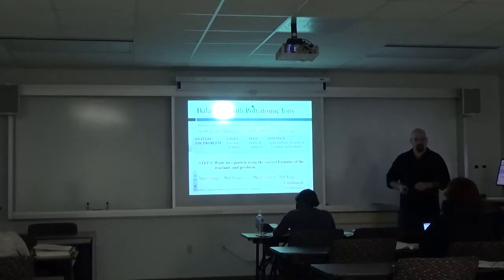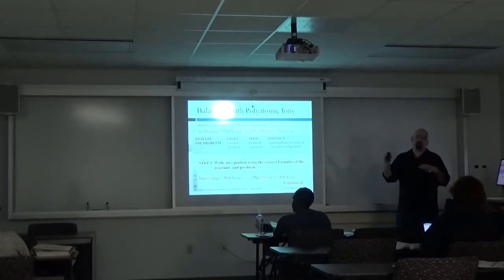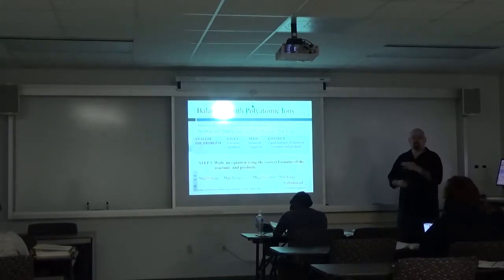Higher order chemistry classes, you might. What happens when you react sodium phosphate and magnesium chloride? Question mark, period. Well, period, double, question mark, and then you answer it. We're not doing that. So that means that balancing an equation is just a logic puzzle. That's all it is. So do not get scared by this.